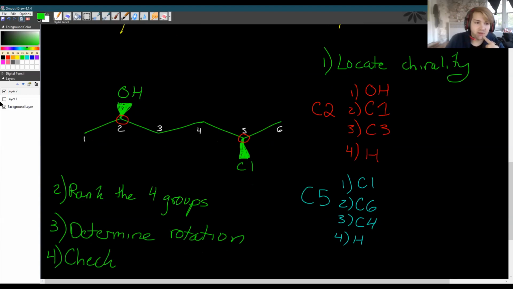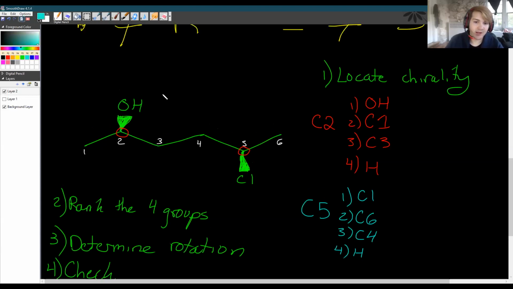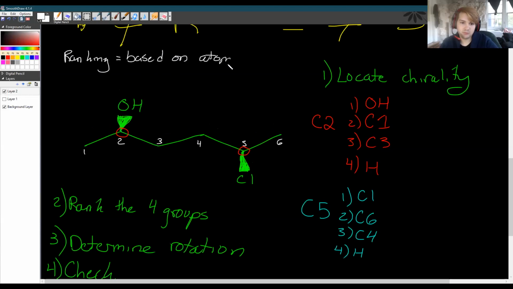Cool. All right. How do we rank our four groups? Well, ranking is done based on the atomic number of the group. Okay. Ranking is based on atomic number. All right.